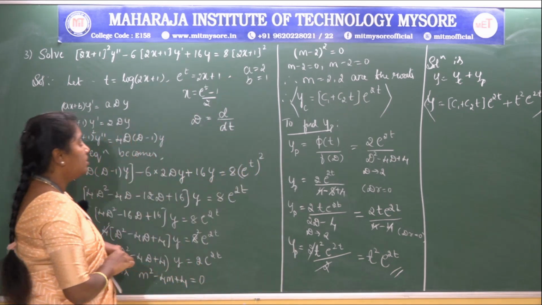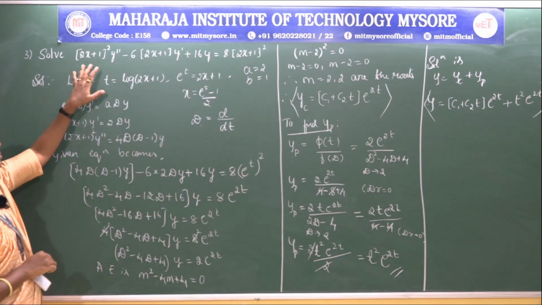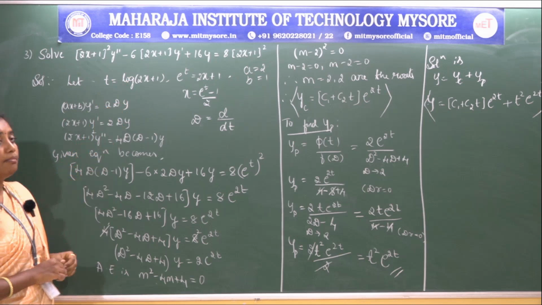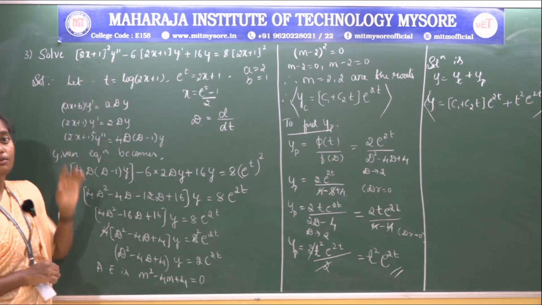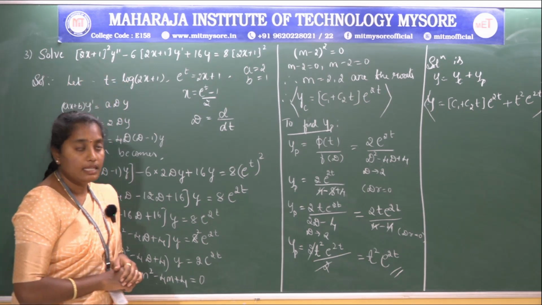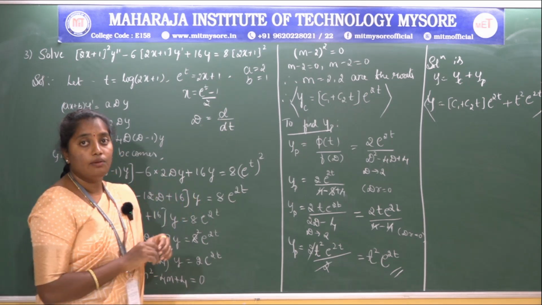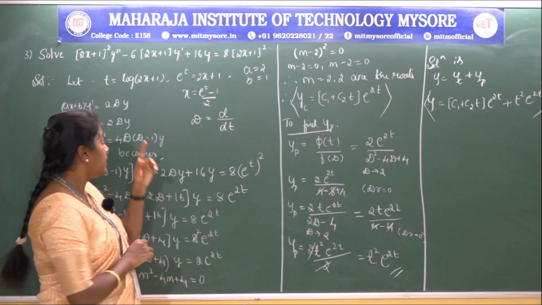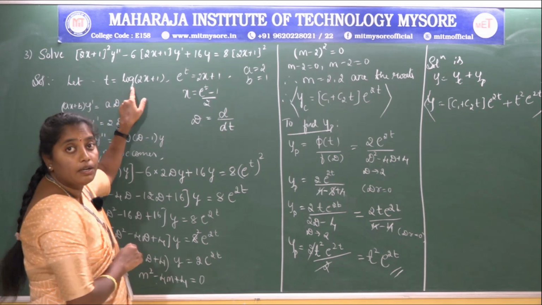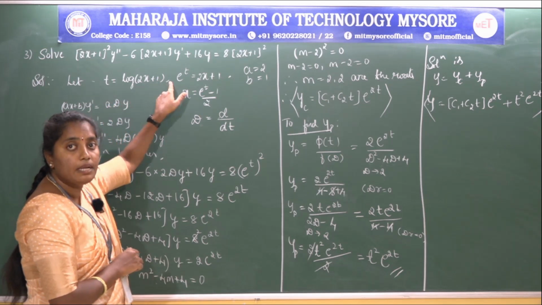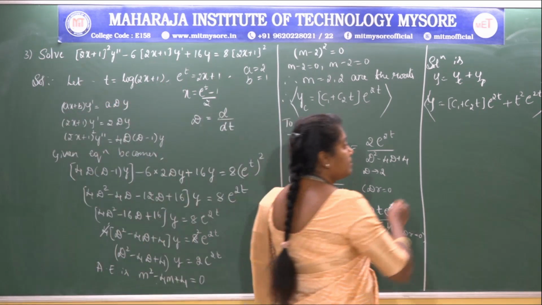But in the given problem the independent variable is x, that is dy by dx. We have to write the solution in terms of x, hence replacing the t variable with the x variable. The value of t is equal to log of 2x plus 1.